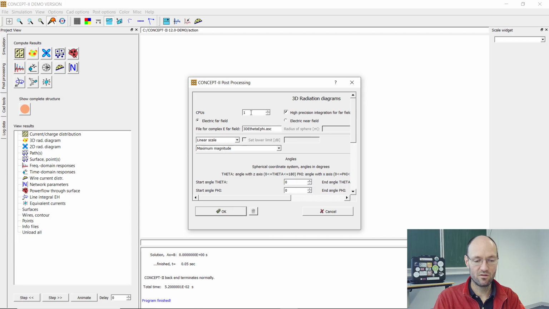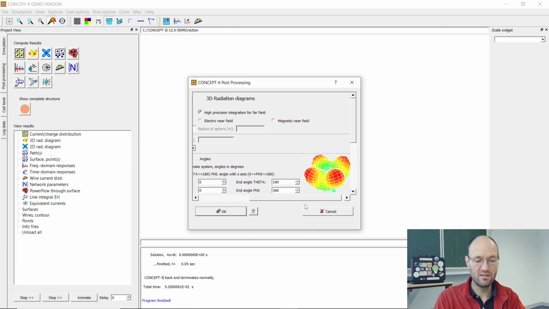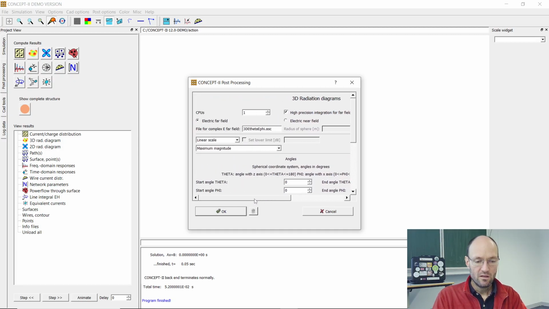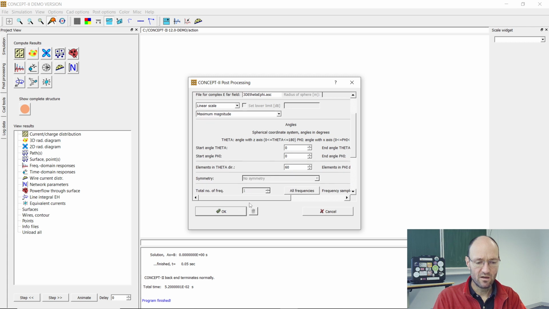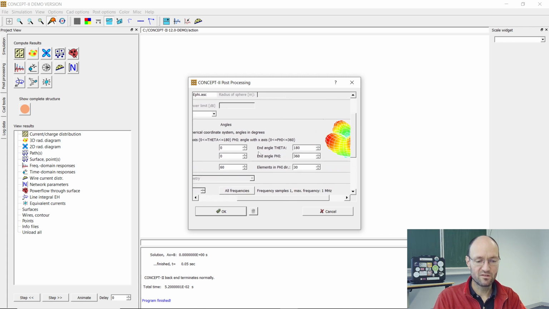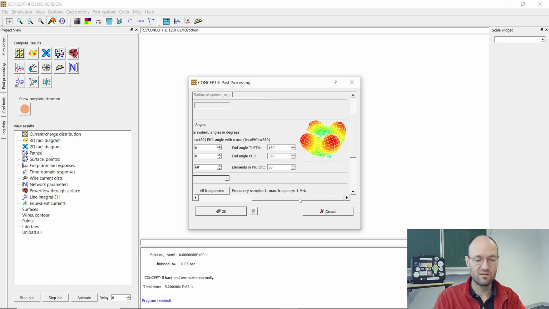You can choose how many CPUs you would like to use for this, and you could have electric far field and electric near field. We will stick to the far field. You can choose the scale, and how many steps, what is the range that you would like to have in theta and phi, so in spherical coordinates.